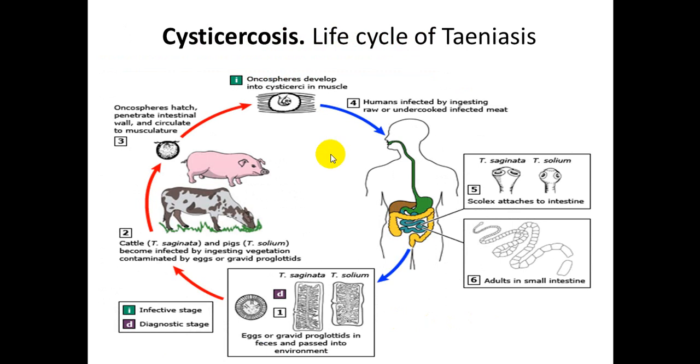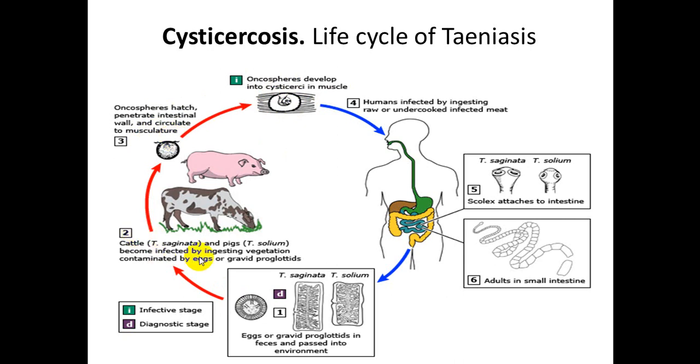Life cycle. We start with the first stage, as you notice, this is the infective stage and this is the diagnostic stage. So oncosphere develops into cysticerci in the muscle. Oncospheres hatch, penetrate the intestinal wall and circulate to musculature.